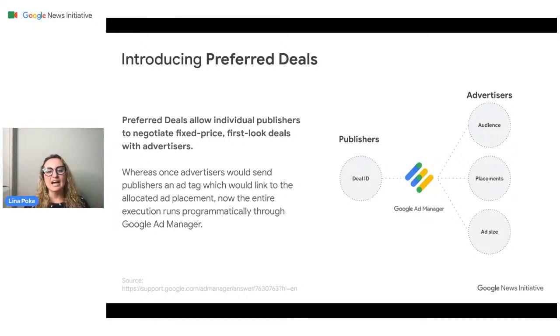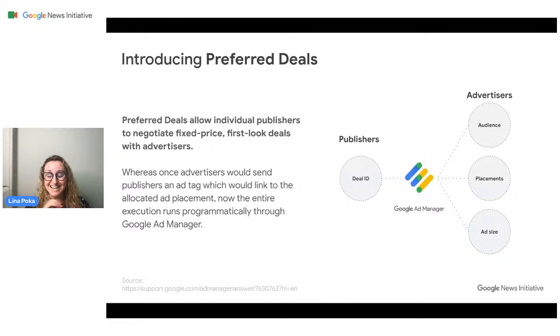Typically advertisers approach the publishers about a specific ad size, placement and audience, and those two parties negotiate a fixed price for the impressions themselves. It used to be that advertisers would send publishers an ad tag, and then they would like to automate this particular ad placement.